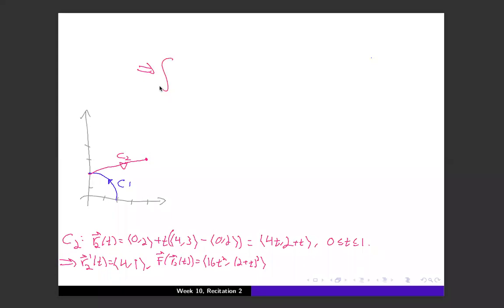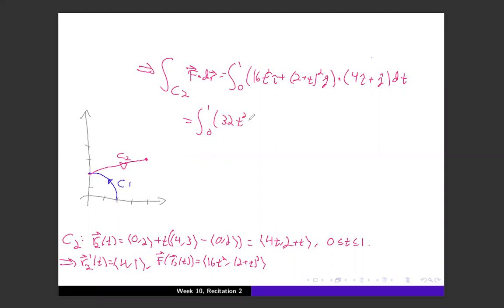So continuing along, what we're getting here is the integral over C2 of f dot dr would be the integral from 0 to 1 of 16t squared i plus 2 plus t squared j dotted with 4i plus j dt, which in other words is the integral from 0 to 1, 32t squared plus 2 plus t squared dt.